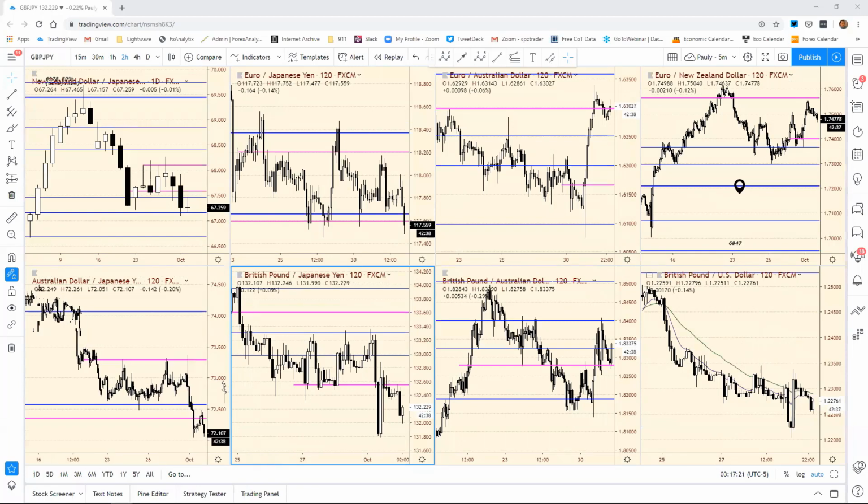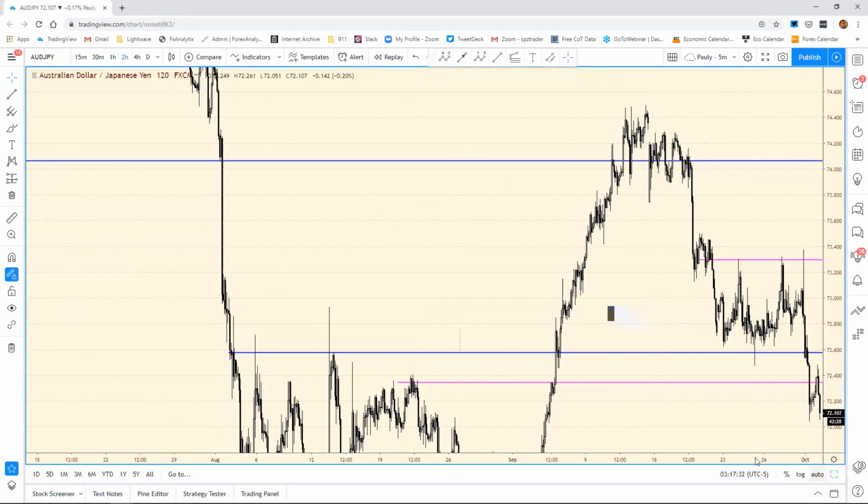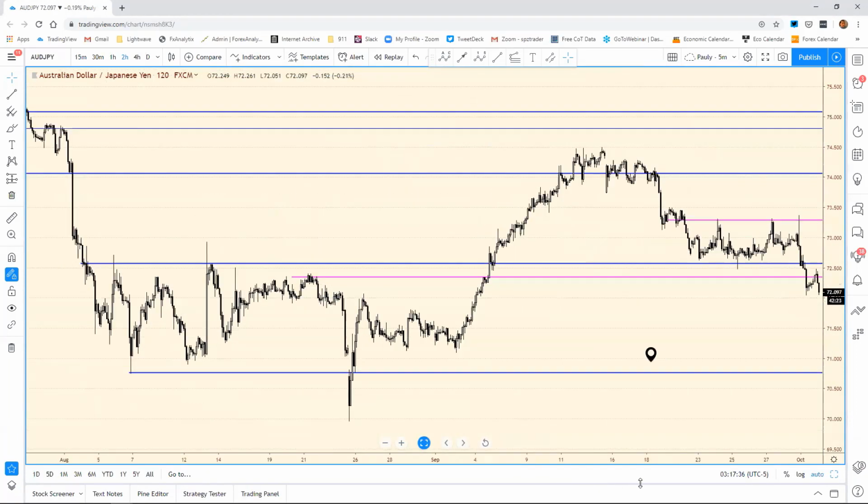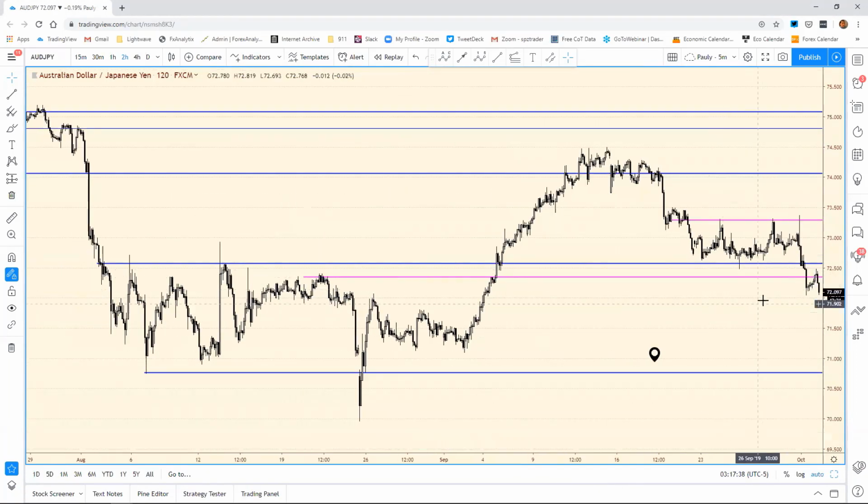So the weakness in the Aussie, I guess, to a certain extent, has just been pervasive, even here with the euro versus the Aussie. It's been just a slide back. The news is a bit sparse this morning, so we're going to take a quick look at the news story.